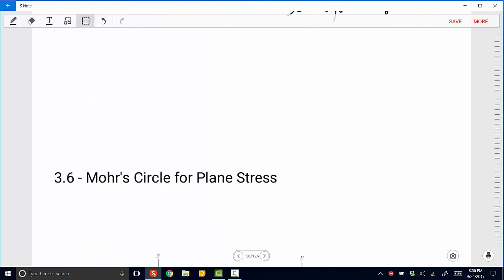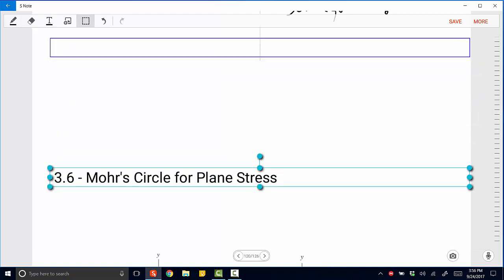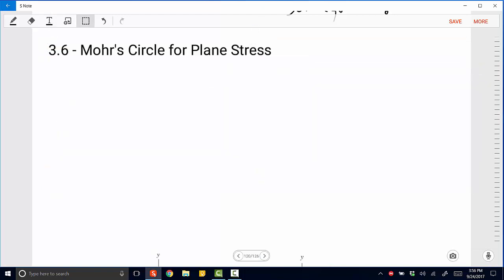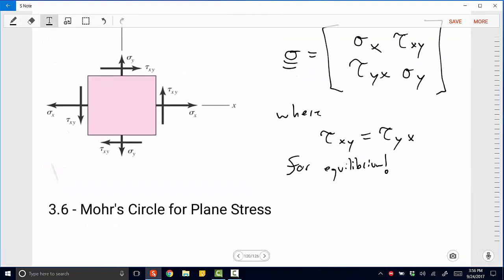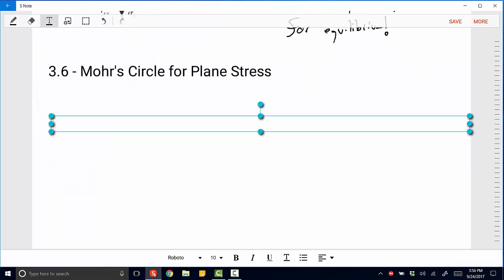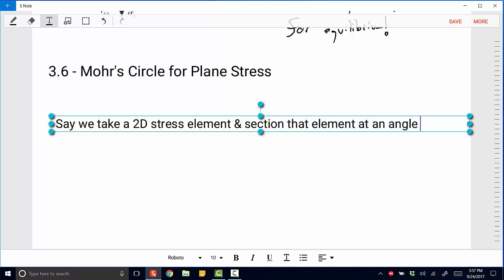Now we'll move into the idea of Mohr's circle. And we're going to do Mohr's circle for plane stress. So let's start with, say we take a 2D stress element and we section that element at an angle theta.